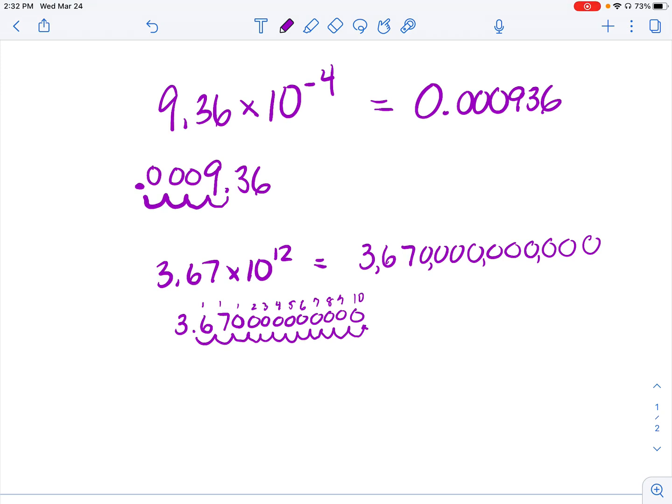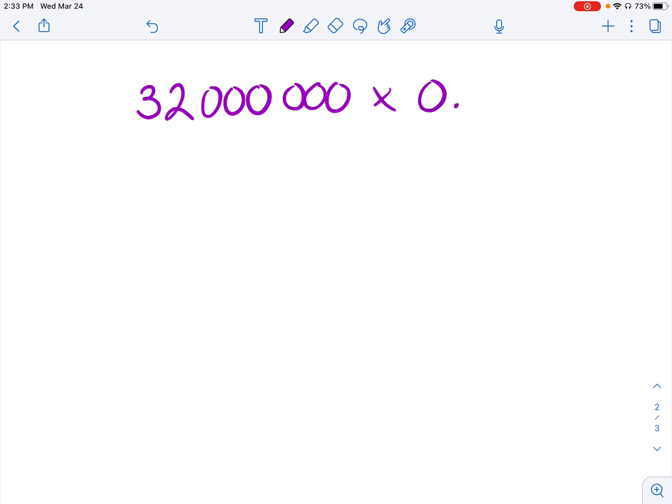The applications of this: you look at it and you say something like, all right, what is 32 and a whole bunch of zeros, I'll leave it at that, times... you're like, well, I don't know.